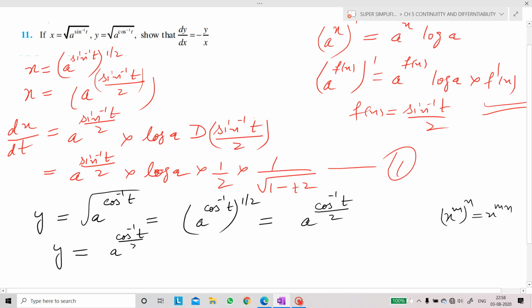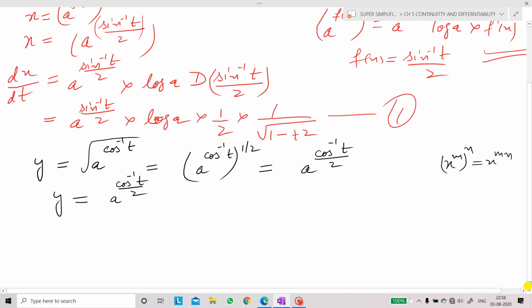So now we have to differentiate it both sides with respect to t.